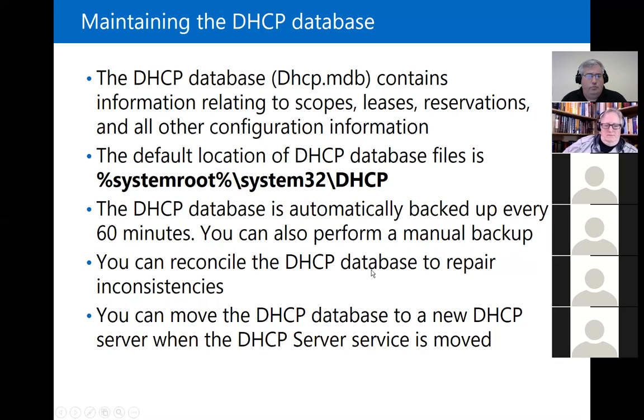Let's do manual. And of course you can repair it if you like. And you can move the database to a new DHCP server. Although what we do here is set up a failover, copy the database to it, and then shut down the old one and rebuild it with a new version.